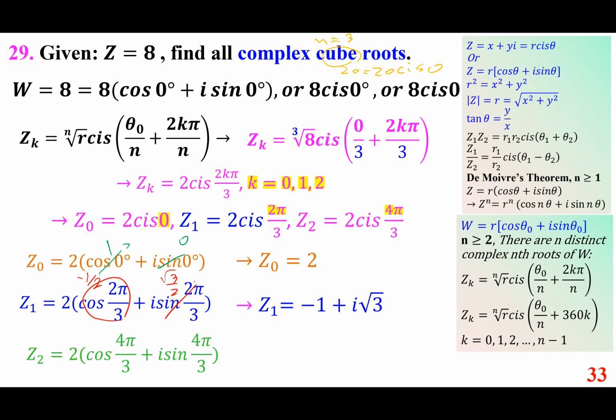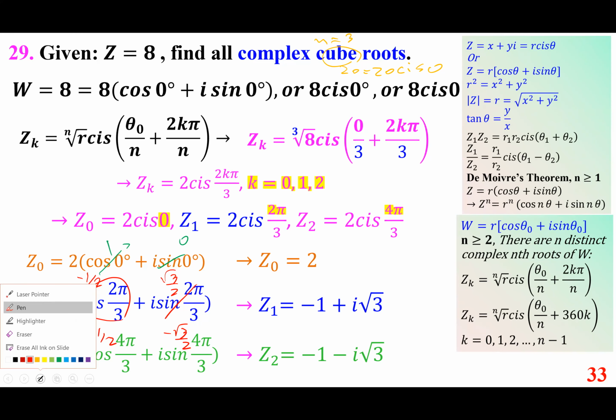For the last one, cosine of 4 pi over 3, again, in the third quadrant, it's negative, and so is sine. Both of them are negative. So those are the other two, okay? So, again, a number has 3 cube roots. Number 2, we knew that, and now we came up with the last.